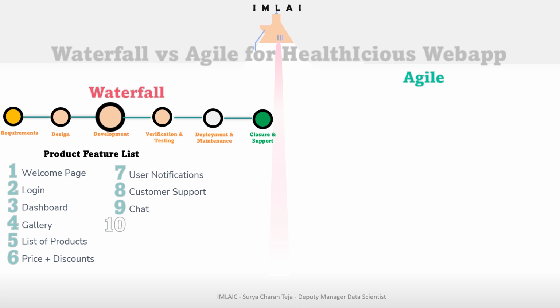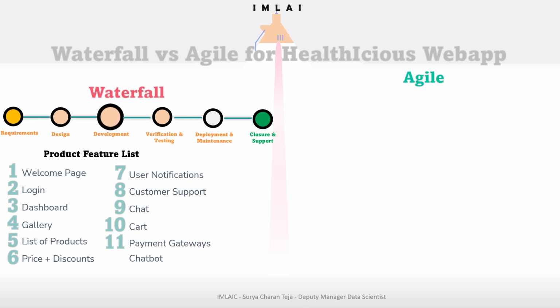We'll use a chatbot and cart. So these are the product features that you're expecting, and the final one is payment gateways. So total 11 product features that you are expecting.